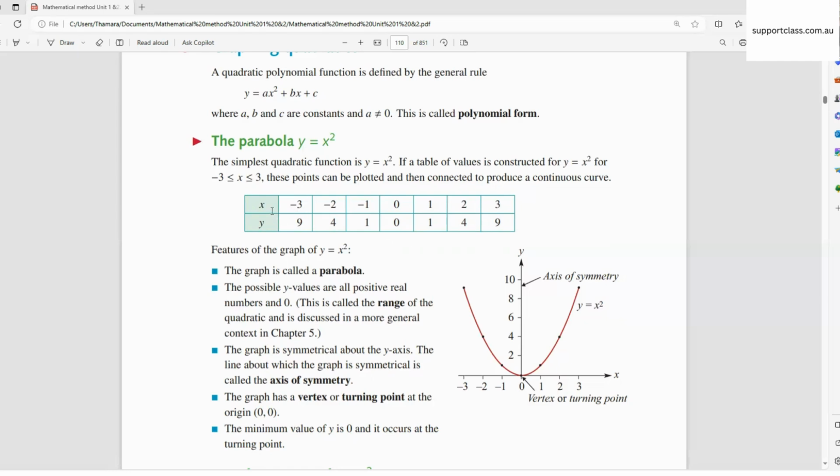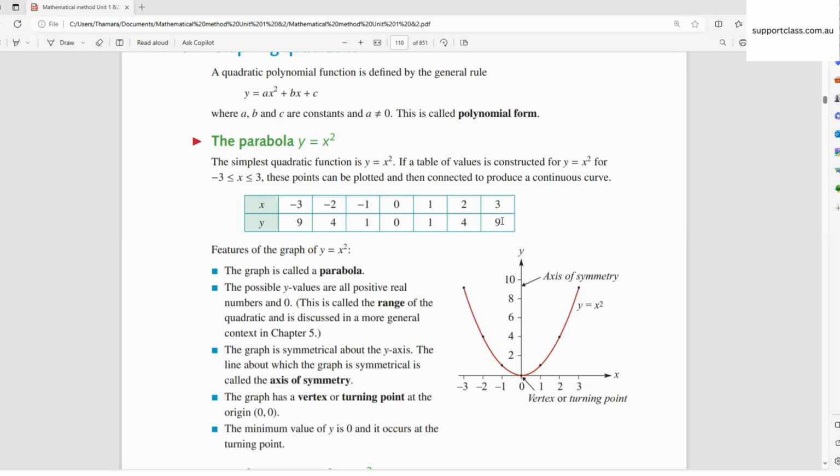Put the x numbers first: -3, -2, -1, 0, 1, 2, 3. Then find out the y value of each, which is x square. So -3 square is 9, -2 square is 4, -1 square is 1, 0 is 0. 1 square is 1 itself, 2 square is 4, and 3 square is 9.